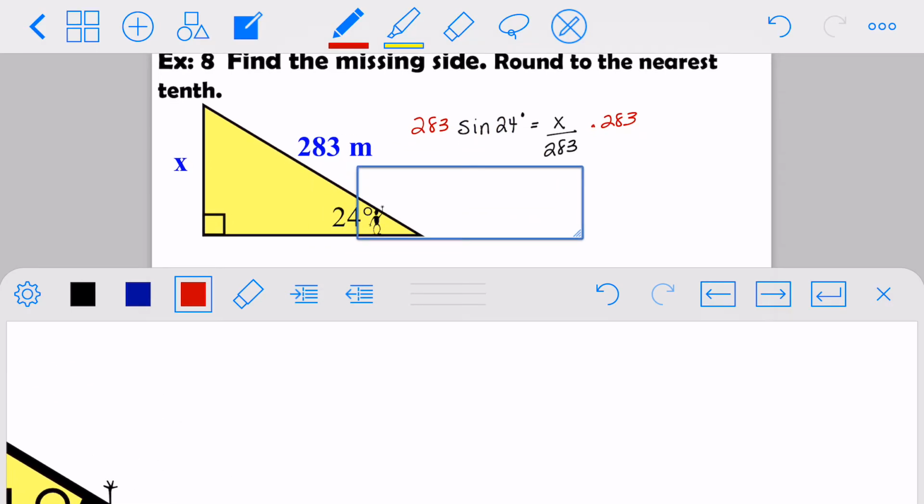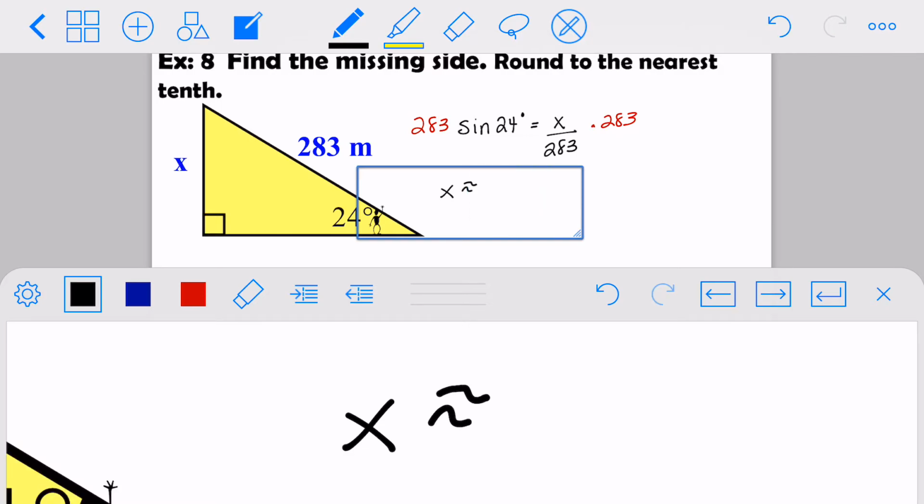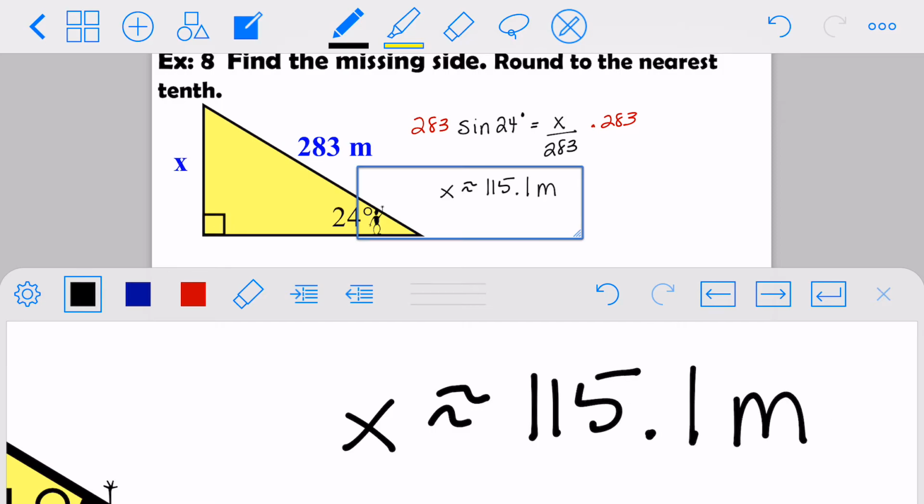So then we're left with x equals approximately, and go ahead and put that in your calculator, 283 sine of 24, and we get 115.1 meters. And we're done.